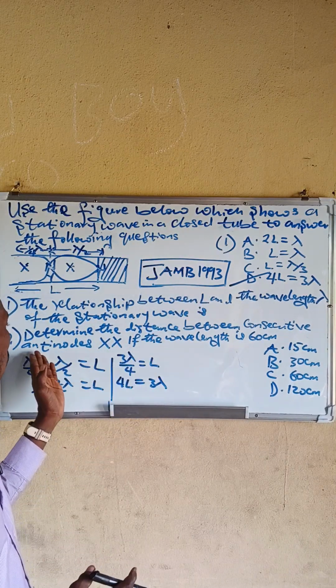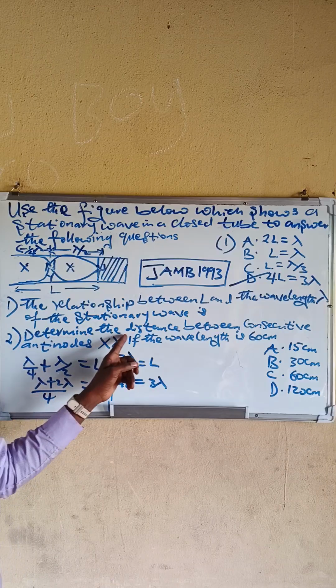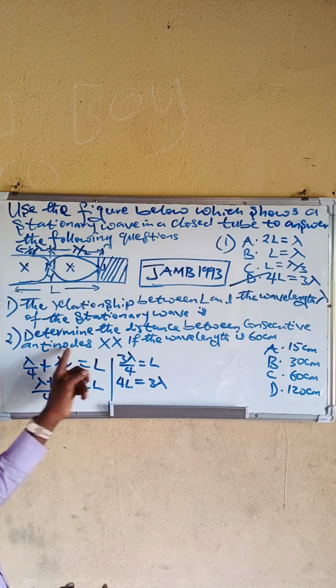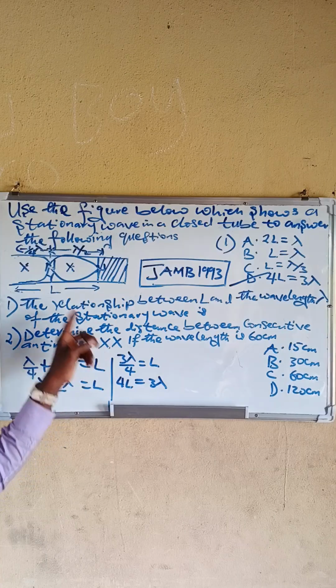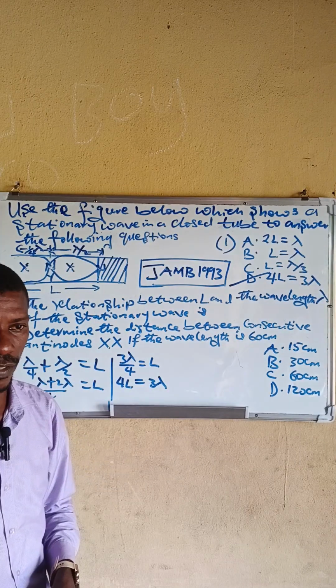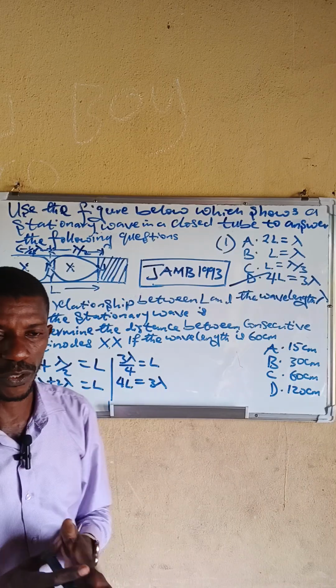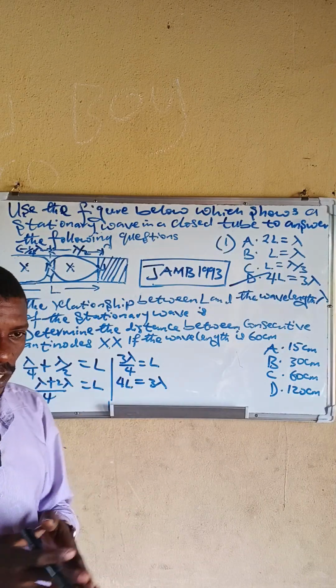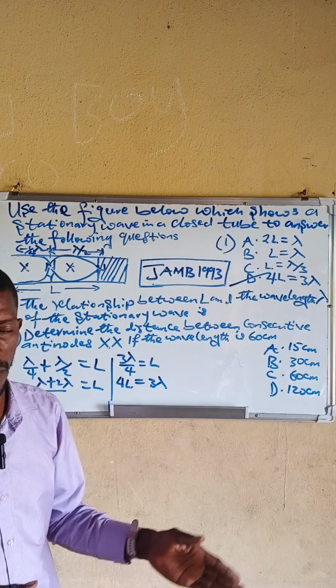Now let us see this second one. Determine the distance between consecutive antinodes XX if the wavelength is 60 cm. Now the distance between a node and another node is half wavelength.